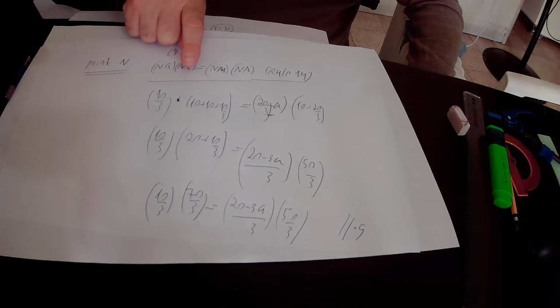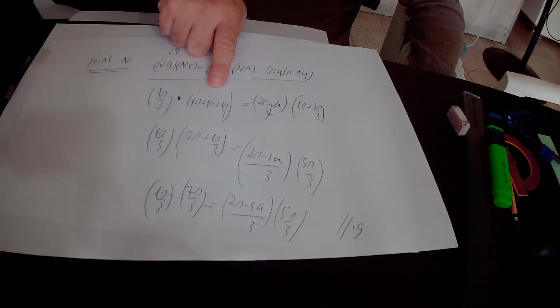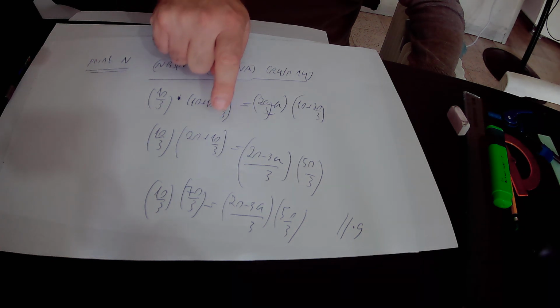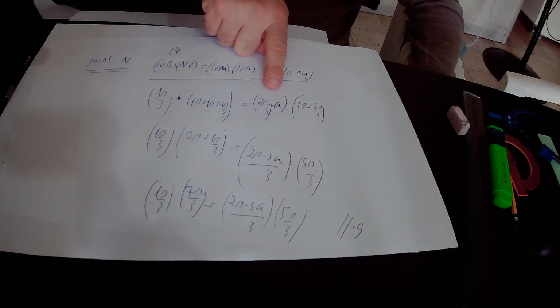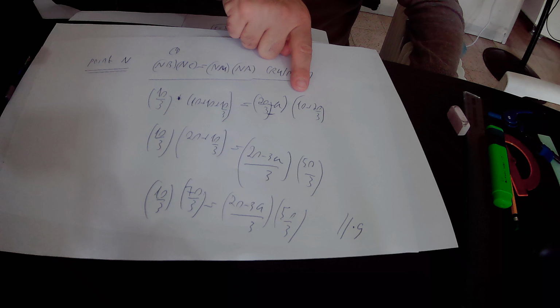So here we have 10 plus 10 is 20. So in total, this expression equals 20 plus 10 over 3. Here we multiplied minus A by 3, and then we divided by 3 in order to have a common factor with 20 over 3. So this expression in total will be equal to 20 minus 3A over 3. Here we multiplied 10 by 3, and then we divided by 3 in order to have a common factor with 20 over 3.